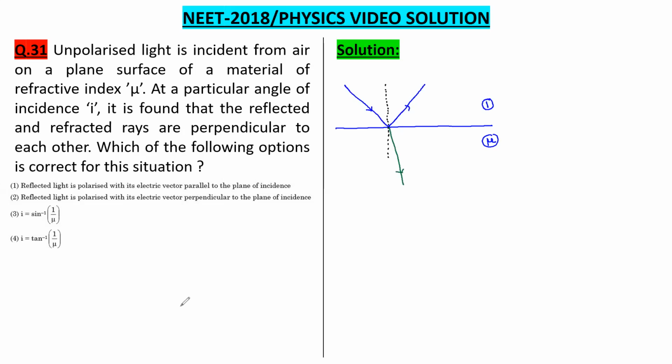Suppose the incident light is unpolarized, so its vibration has components both in the plane as well as perpendicular to the plane, and the angle of incidence is I. Electromagnetic theory tells us that the component of light perpendicular to the plane, shown by the dots, is reflected strongly, and the components of light in the plane of incidence are reflected weakly.